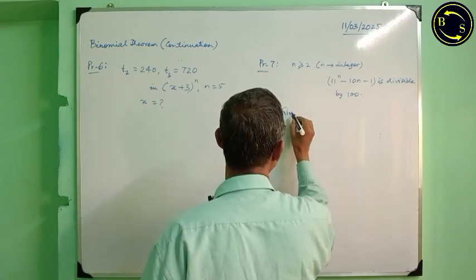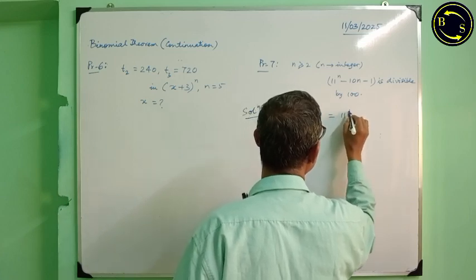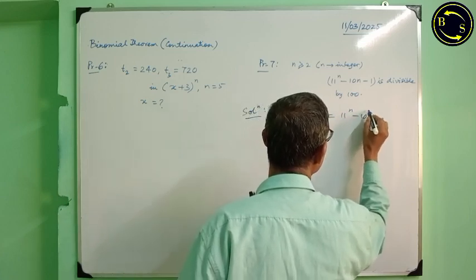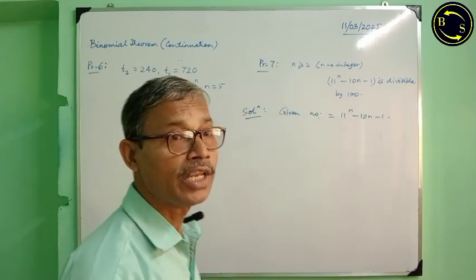Given number equal to 11 to the power n minus 10n minus 1. First we verify for n equal to 2.